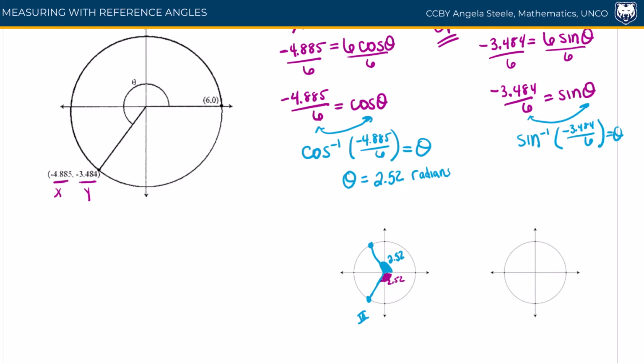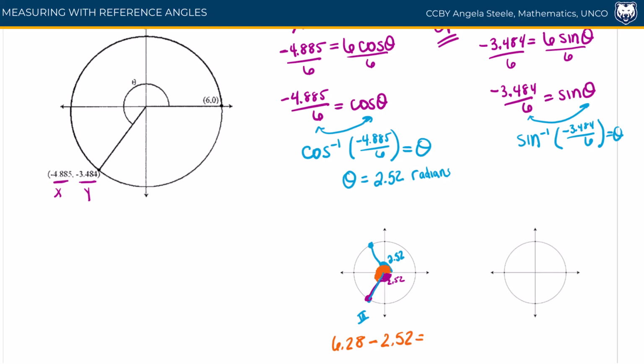And so when we think about getting to this line right here, this terminal side of our line, let me switch colors. We want the angle from the 3 o'clock position all the way around to that terminal line. And so what we can do is take the full circle, which is going to be 6.28 or 2 pi, and we want to minus the 2.52.